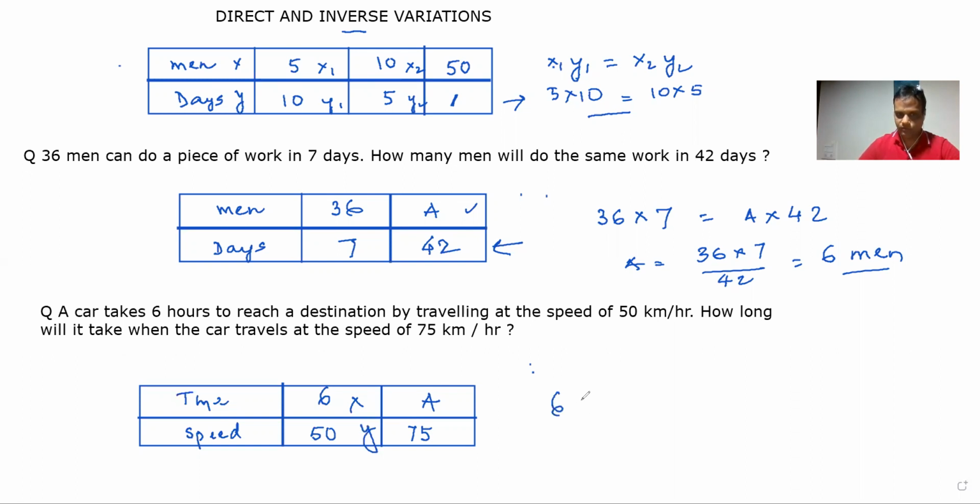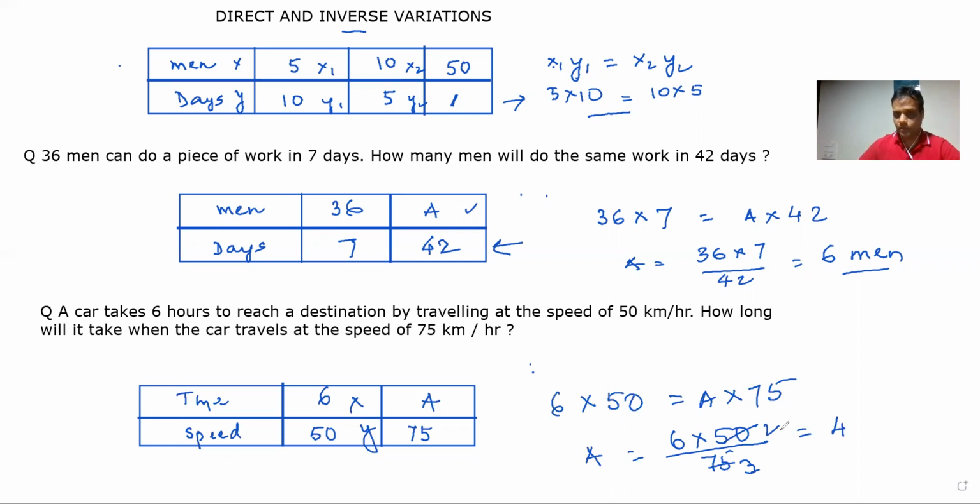So 6 into 50 is equal to A into 75. As simple as this. Question is over. Answer, A is equal to 6 into 50 upon 75. Right? So this is 3, this is 2, this is 12 upon 3, which is 4.